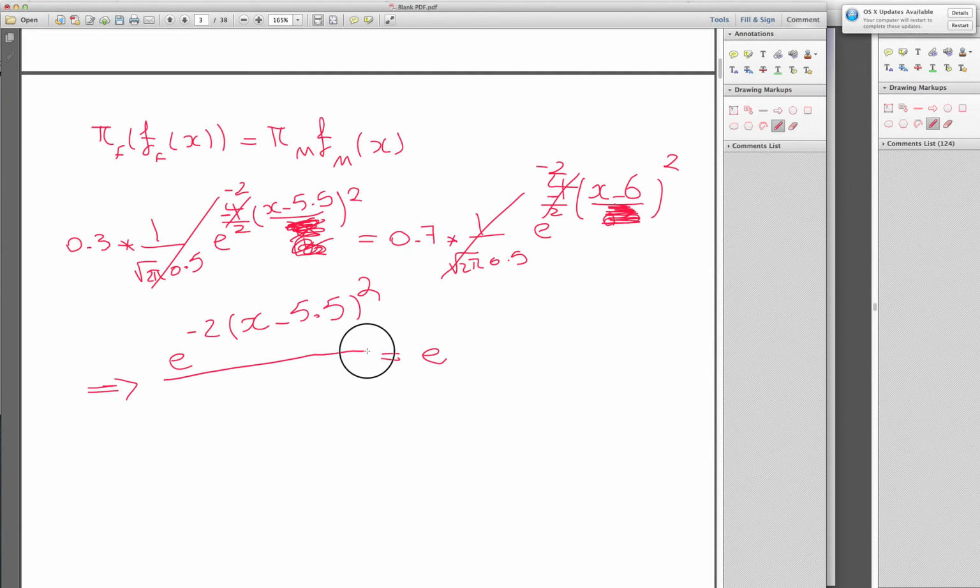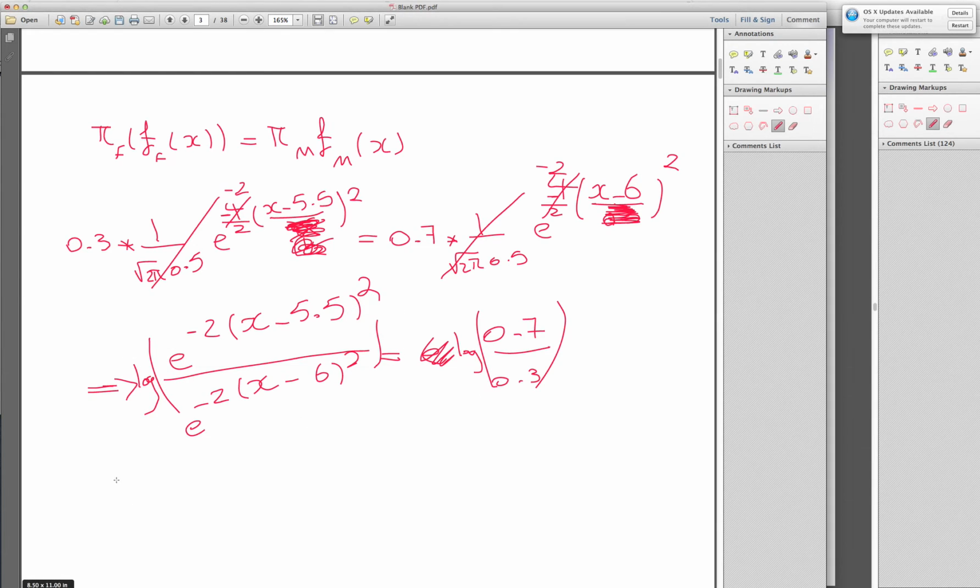divided by exponential of negative 2 x minus 6 squared is equal to 0.7 divided by 0.3. So let's take natural log from both sides. So one thing we should remember about logs is a log of a over b is simply log of a minus log of b.